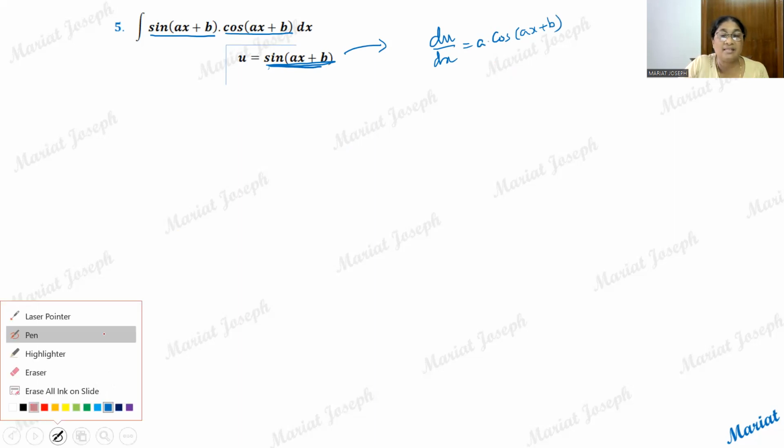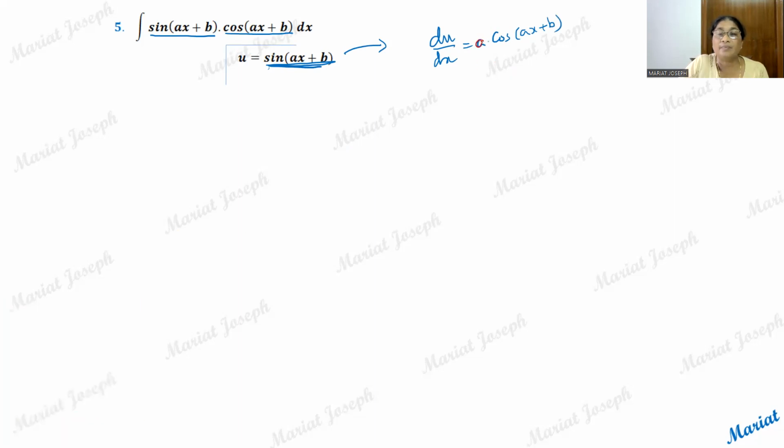The reason is, if you take the derivative du by dx, the derivative of sin of ax plus b is cos of ax plus b into a. Into a is there, that is an additional thing. Chain rule complete. This a.